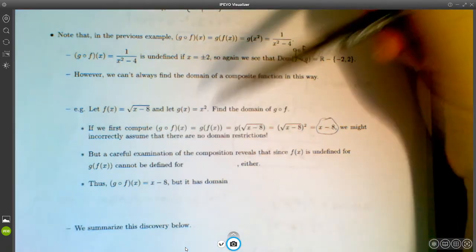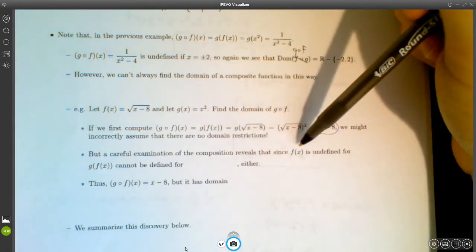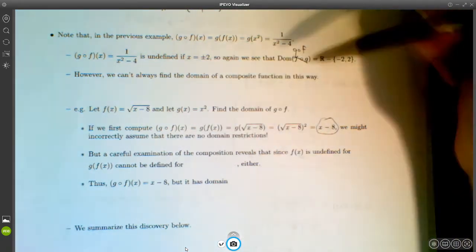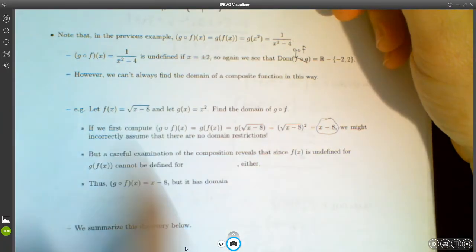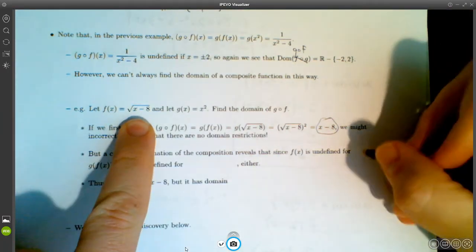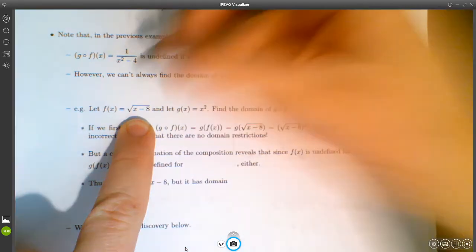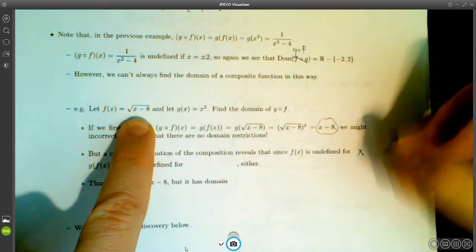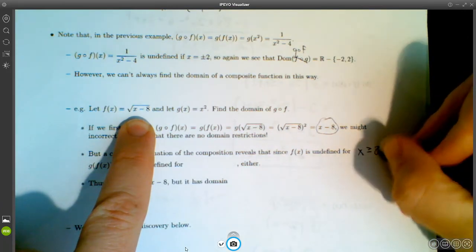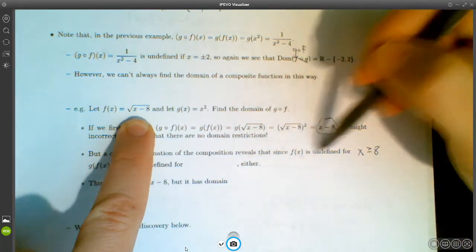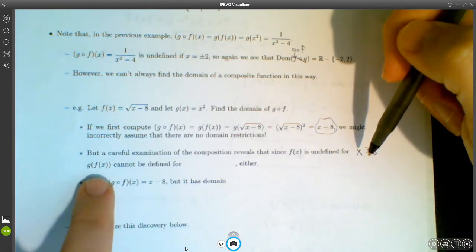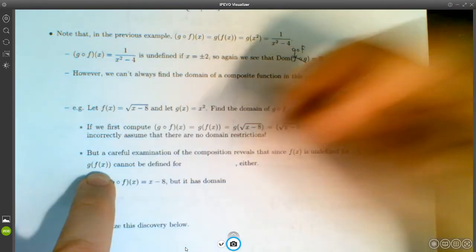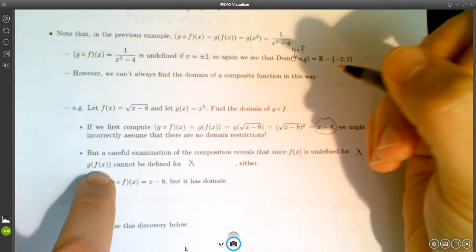But a careful examination of the composition reveals that f of x is undefined for some x. We would need x minus 8 to be bigger than or equal to 0, so we would need x to be bigger than or equal to 8.